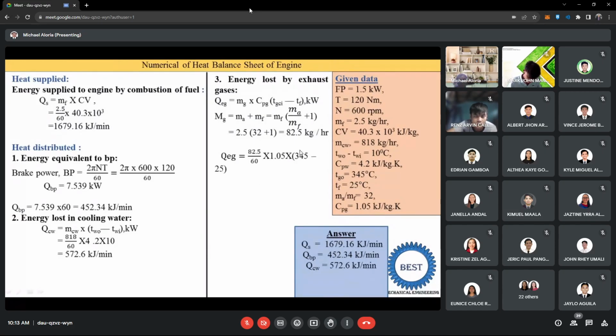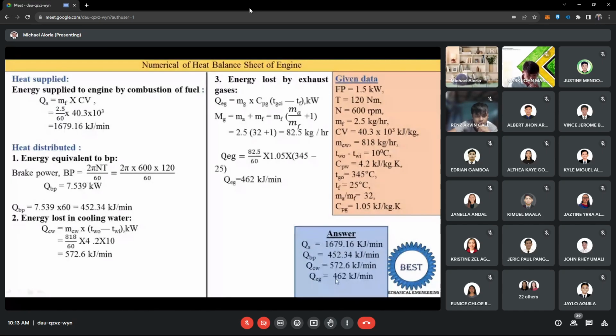Both are in centigrade, and we need to convert to Kelvin, but since it is a difference, it is taken the same. So it is written here as 462 kilojoule per minute.